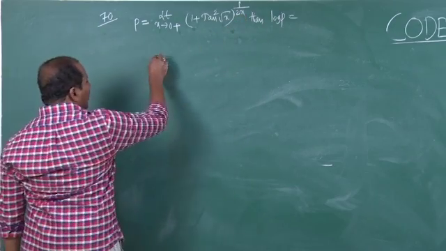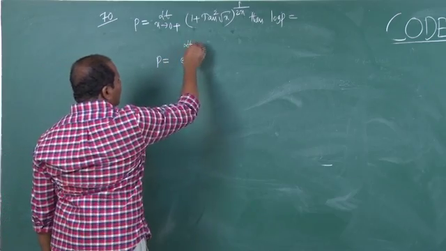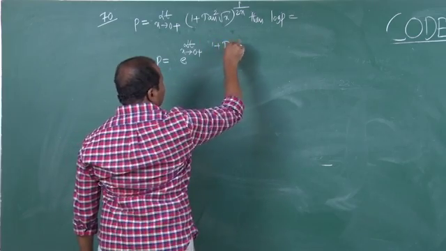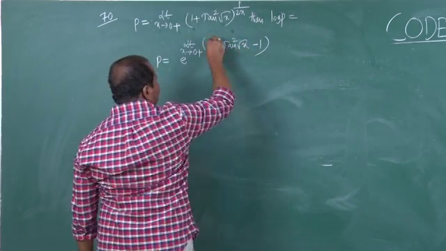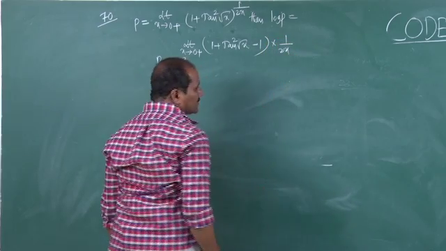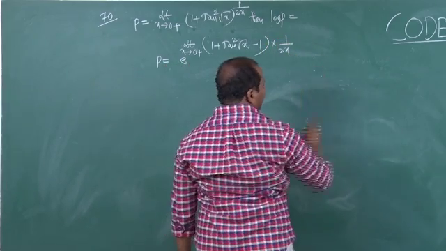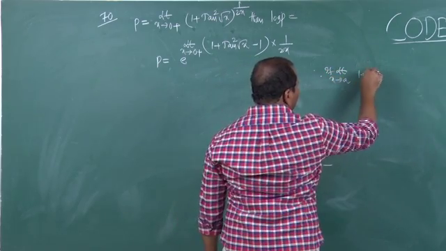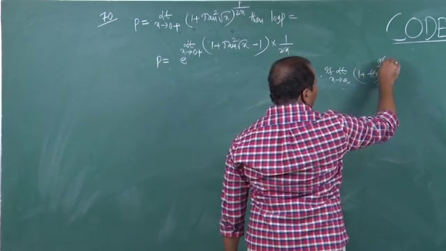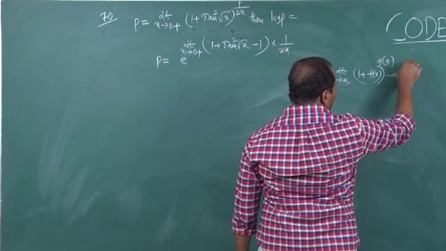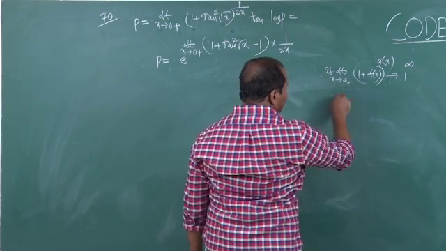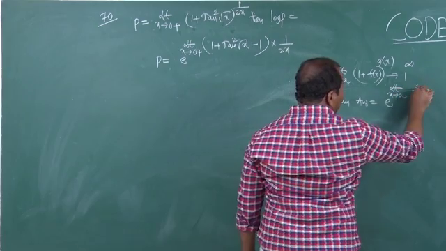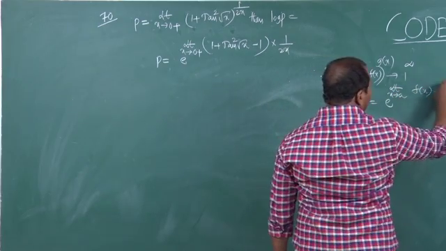For 1 power infinity, we always use e power limit x tends to 0 plus of (f of x minus 1) into g of x, that is, e power limit of (tan inverse root x minus 1) into 1 by 2x, because our formula is: if limit x tends to a of (1 plus f of x) whole power g of x is of the form 1 power infinity, then the answer is e power limit x tends to a of (f of x minus 1) into g of x.